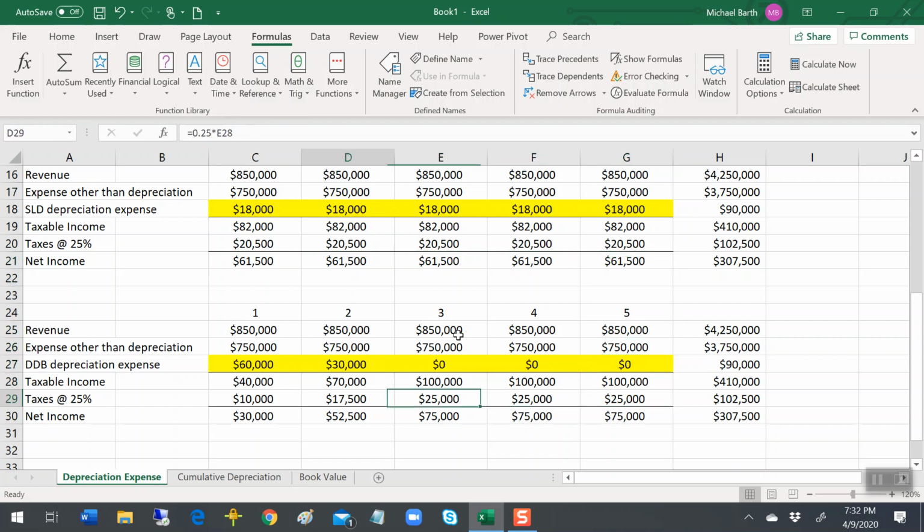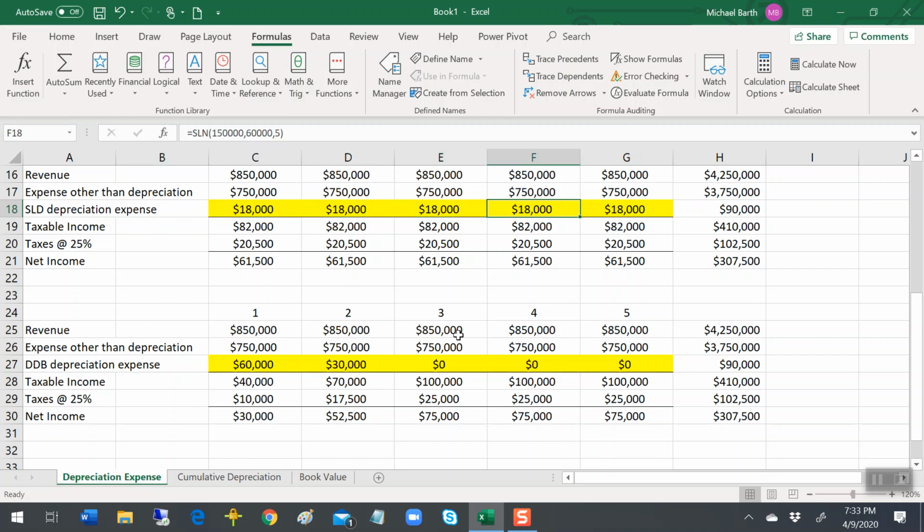I get less net income here, but more net income in the later years. But let's think about this as a tax flow issue. Whether I use double declining balance or whether I use straight line, I still had to pay $150,000 for the skip loader today. So the cash flow for the skip loader is independent of how I depreciate it. It's $150,000 today.